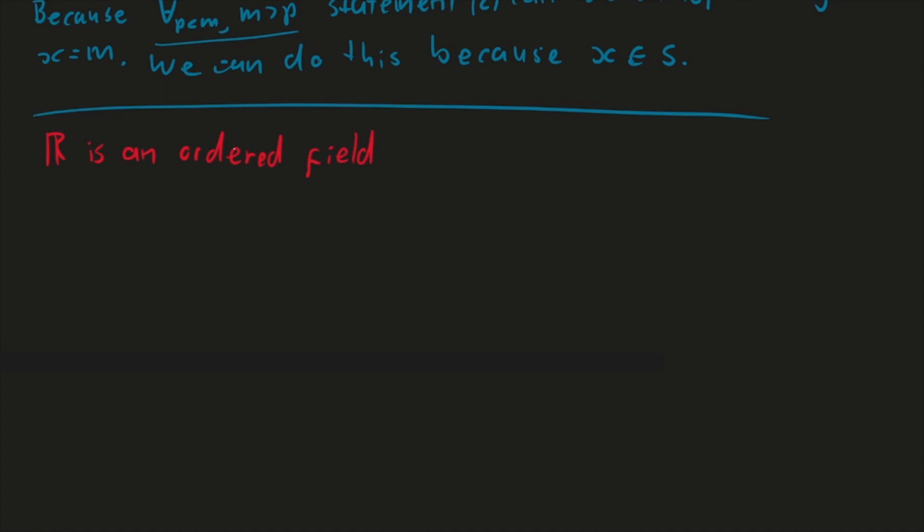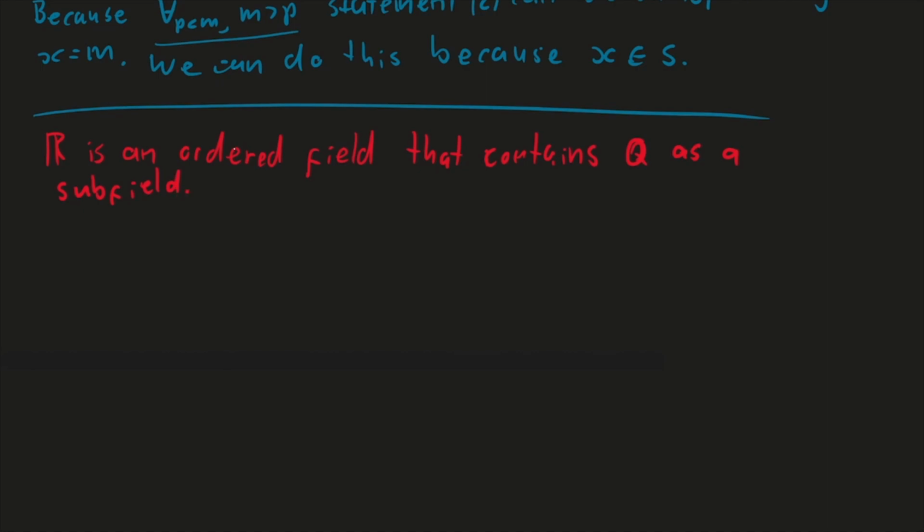So that's one of the important ones. We discussed what it meant to be an ordered field. And the next thing, which we haven't really discussed, but hopefully it makes sense, is that it contains the rational numbers. And that just means that the rational numbers are a subfield. So it contains the rational numbers as a subfield.